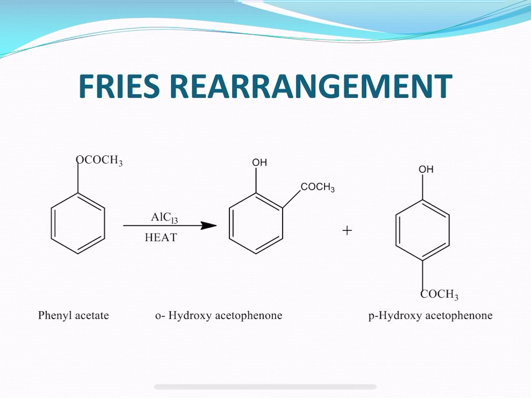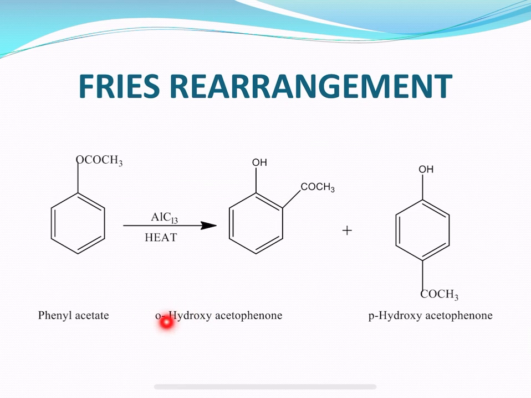In the same way, when the acyl group reacts in the presence of anhydrous aluminum chloride, the acyl group is going to migrate to the ortho and para positions to form phenolic ketones.